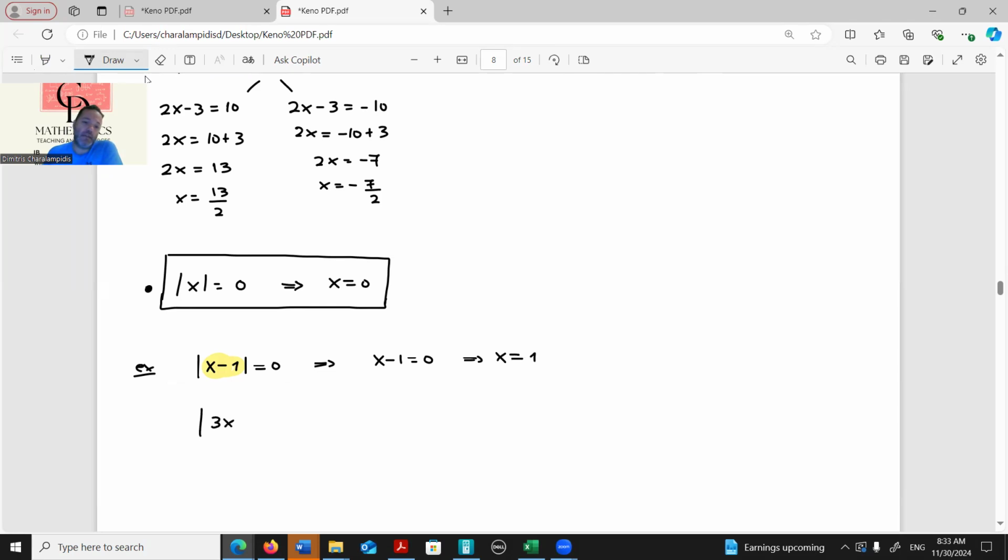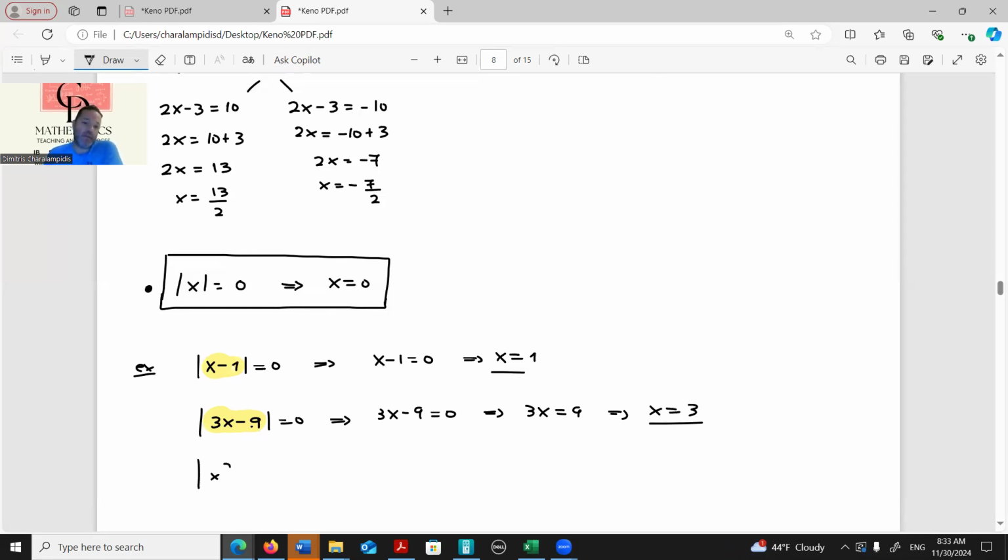Absolute value of 3x minus 9 is 0. Again, I should simply keep the expression inside the absolute value. So 3x minus 9 equals 0, which means that 3x equals 9, which means that x equals 3.